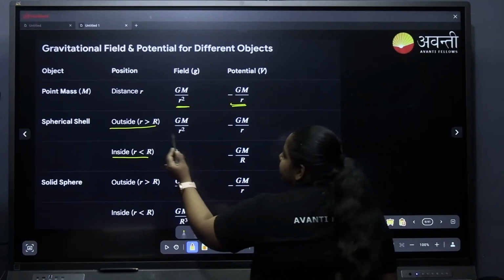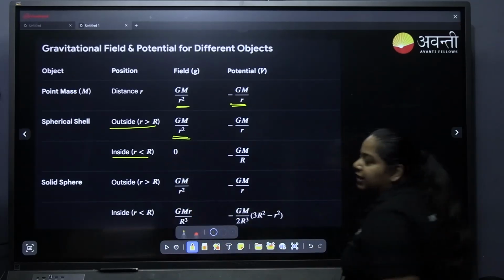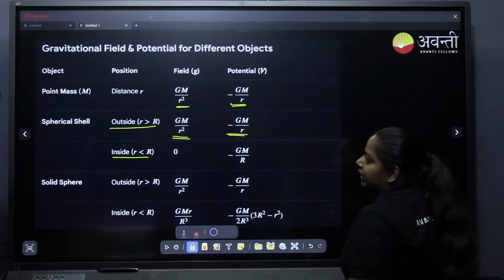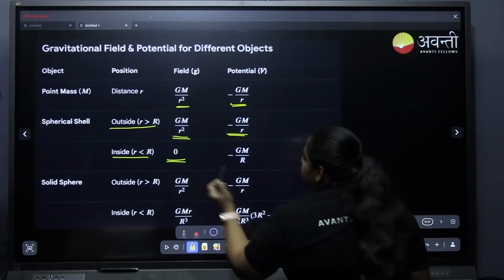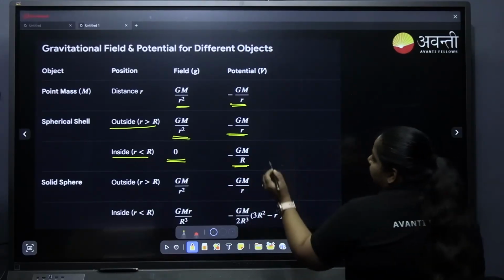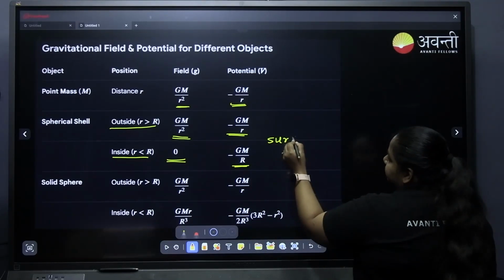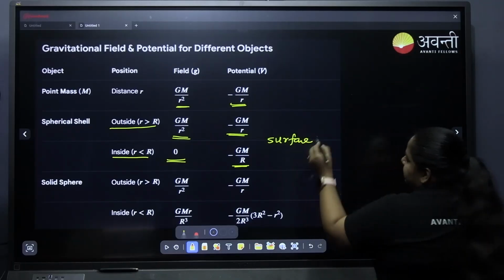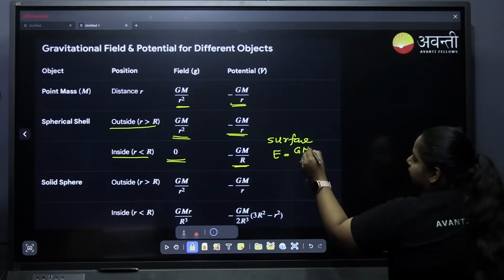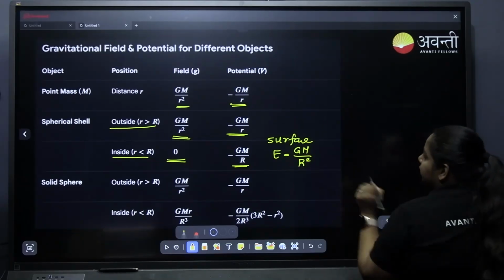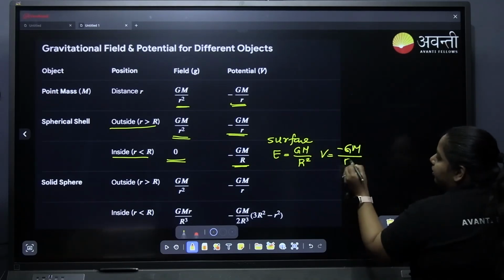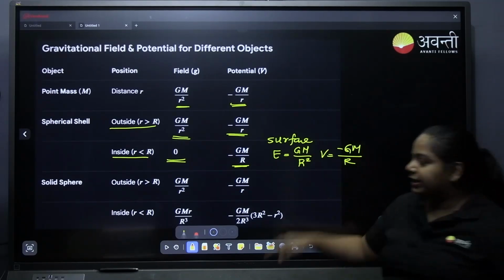So outside you can see gravitational field is Gm by R square, then potential is minus Gm by R. Inside, field is 0, inside potential is minus Gm by R. One more case is on the surface: E equal to Gm by capital R square and V equal to minus Gm by R. So this is one additional thing.